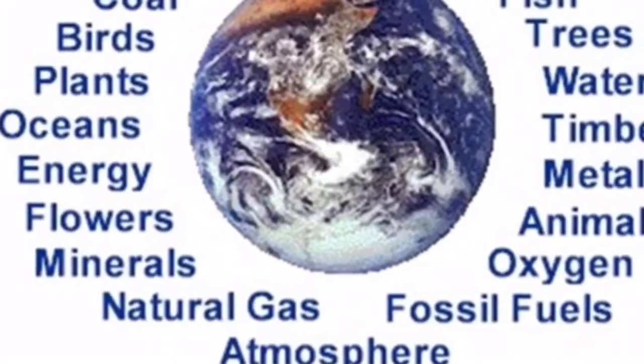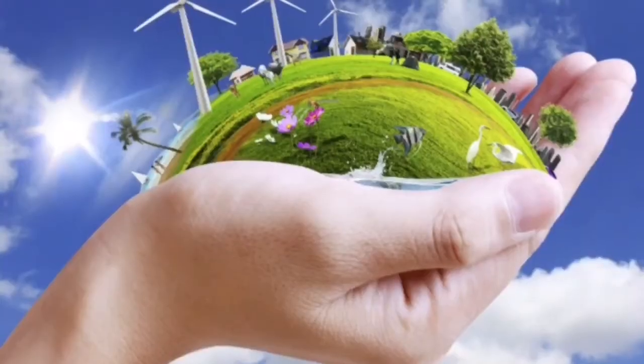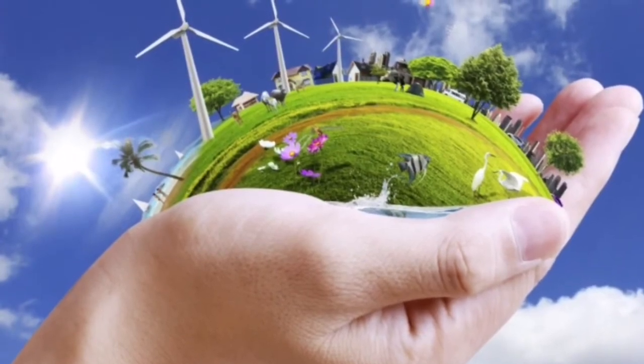Last time in Unit 2, we looked at how different natural processes produce the different earth resources that are very important to our civilization and way of life.